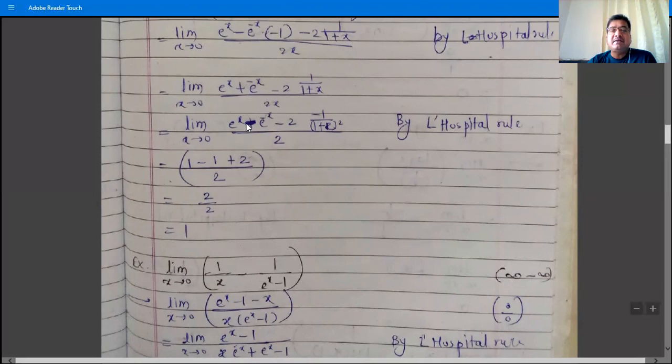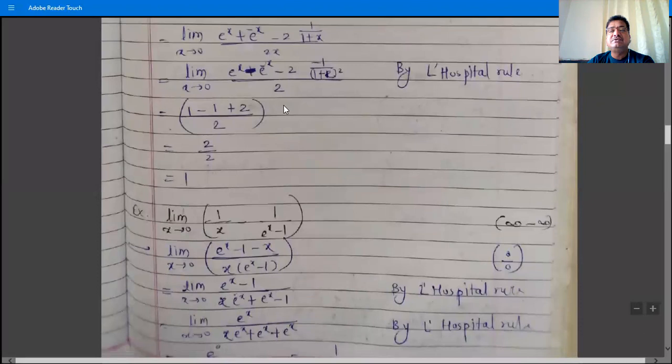So here we have minus sign, minus 2, minus 1 by 1 plus x square. The derivative of 1 by 1 plus x is minus 1 by 1 plus x bracket square, that is, the derivative of 1 by x is minus 1 by x square. Divided by 2x, derivative is 2.